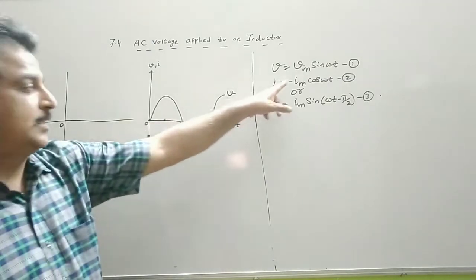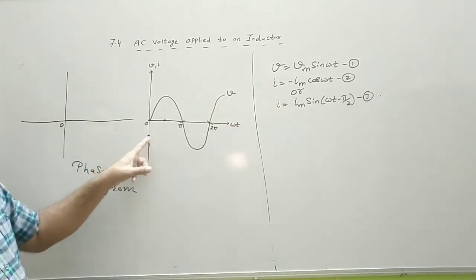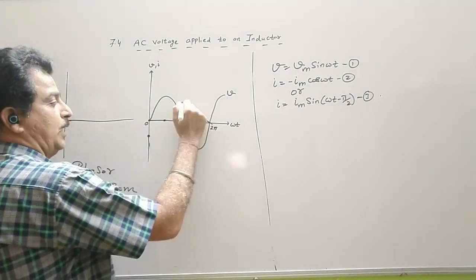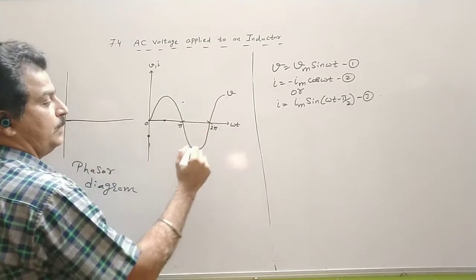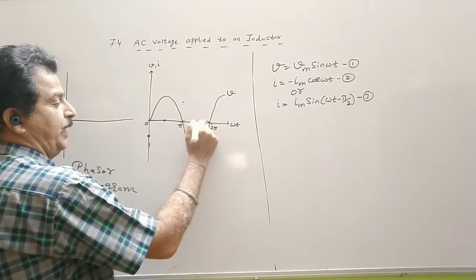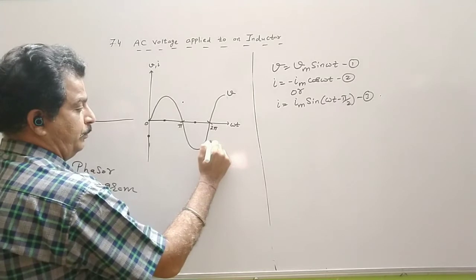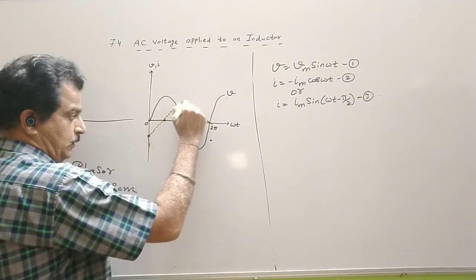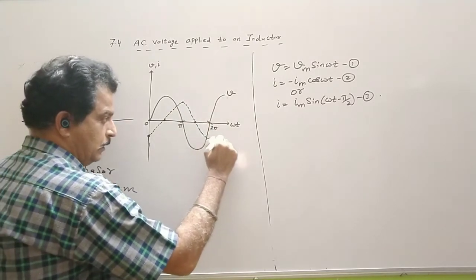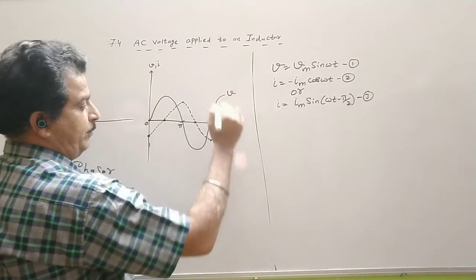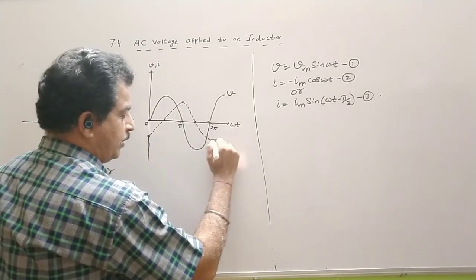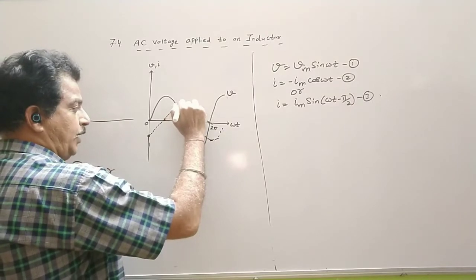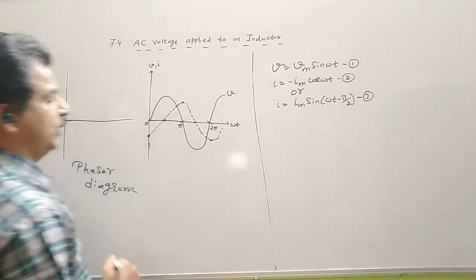Because we have a minus sign, we start the graph from the negative axis. Again sine becomes 0, so cosine becomes maximum. Maximum, minimum, minimum, maximum, so this is the graph. Again we have a maximum here, so this graph becomes minimum. You have to draw the graph accordingly, taking maximum and minimum into consideration.